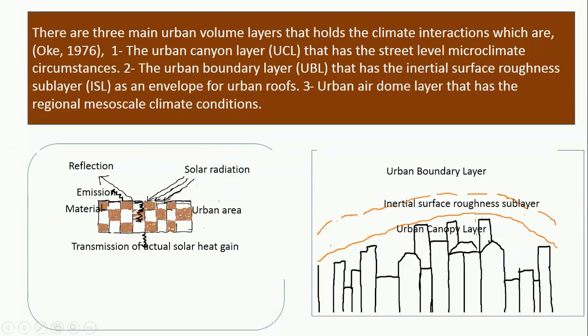So there are three layers: urban boundary layer, inertial surface roughness sublayer, and urban canopy layer. Actually there are many heights, and the heights are different. So there is a circulation at micro level, a microclimate created here.